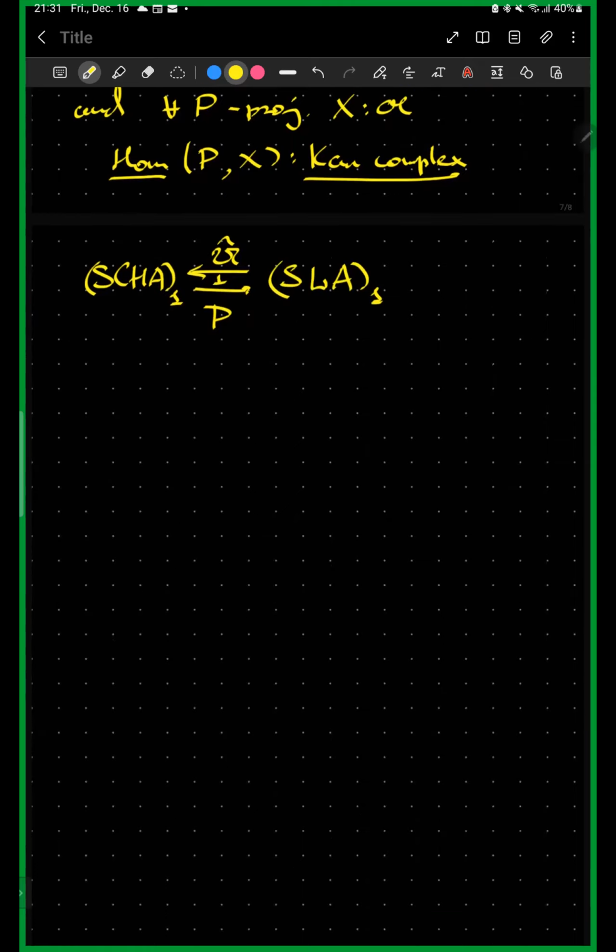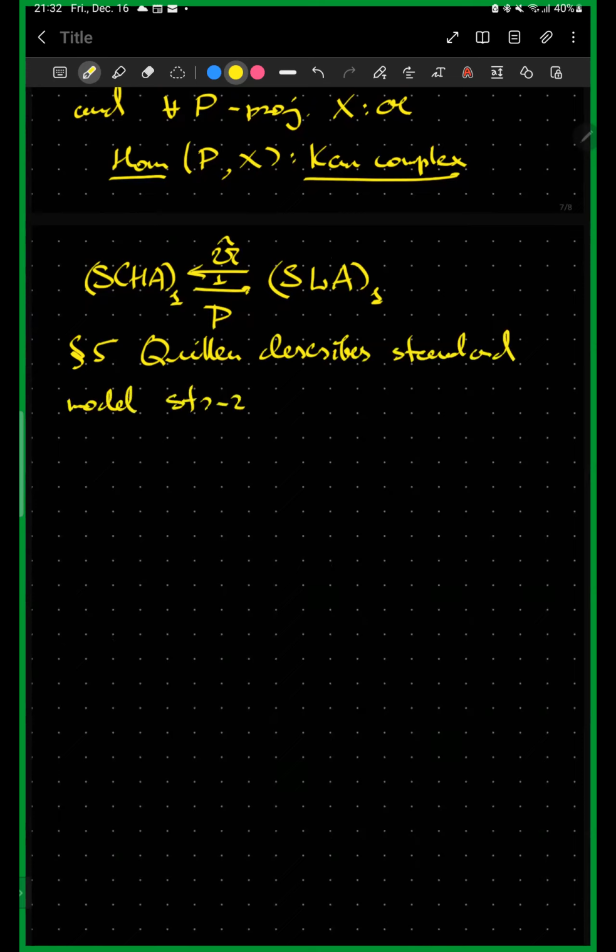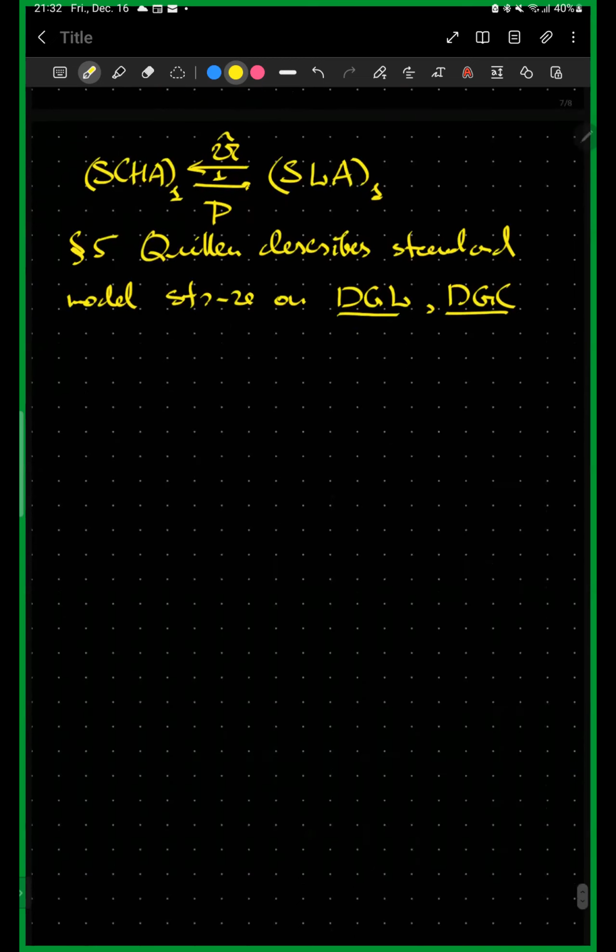Then in section 5, Quillen describes the standard model structure on differential graded Lie algebras and differential graded coalgebras, and basically there are no surprises. If you've seen, for example, model structures on DGAs, that's basically the same thing.